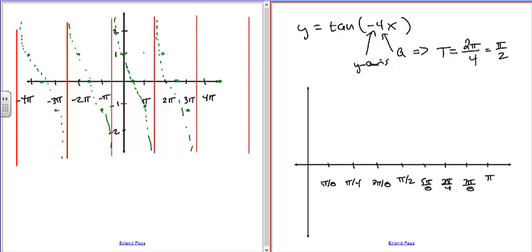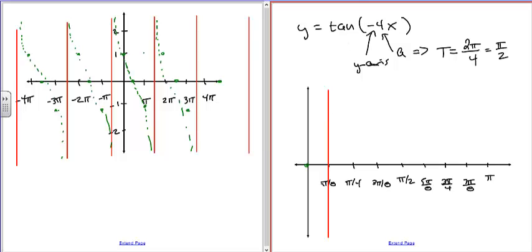Now, normally we have 0, and if I put 0 in here, I'm going to get the tangent of 0 is 0, so we'll have a point here, which is the x-intercept. And we move plus or minus a quarter period. A quarter period is pi over 8. Normally a quarter period is pi over 2, but you take a 1/4 of that because of this 4.